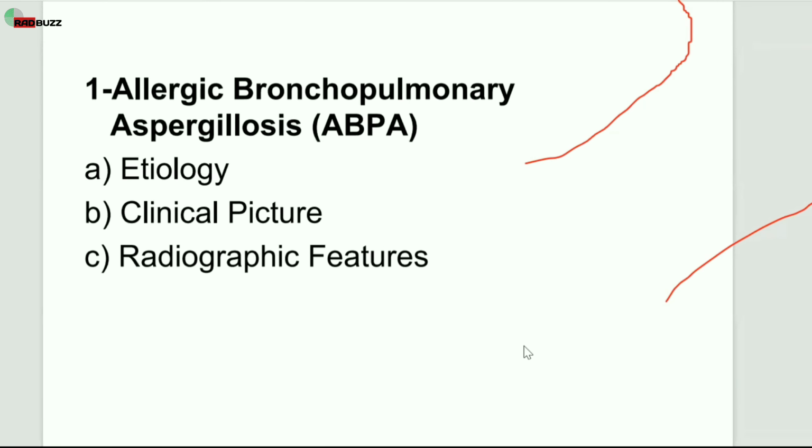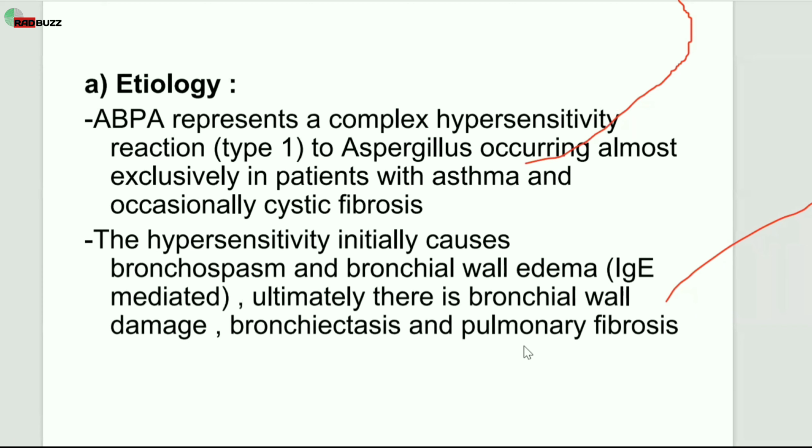ABPA is an exam favorite. People love to ask what ABPA is and how it looks. It's a complex hypersensitivity type reaction because the patient already has hypersensitivity to Aspergillus. So it occurs in patients with hypersensitivity diseases, including asthma and cystic fibrosis.